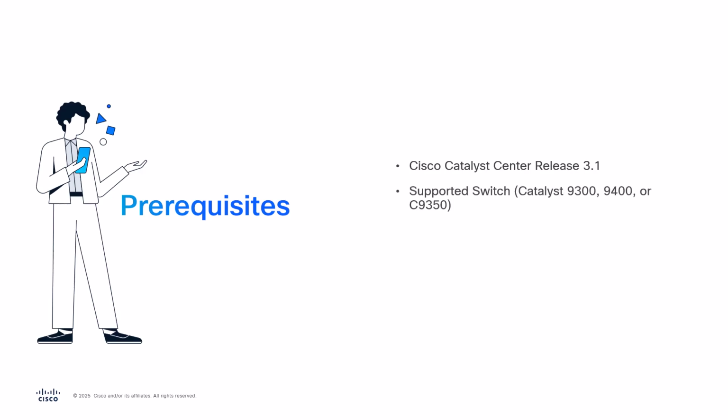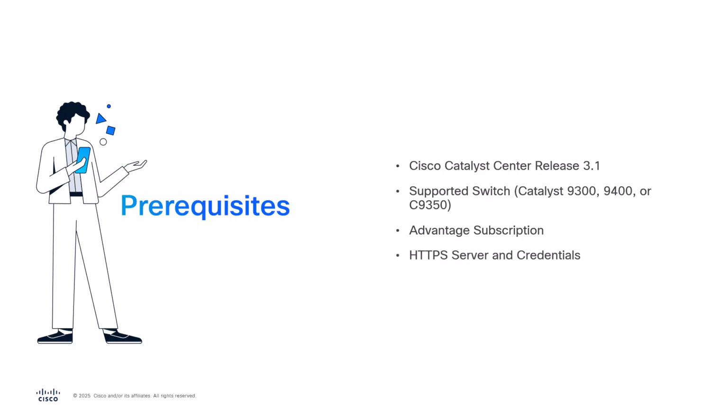Agent deployment is supported on Catalyst 9300, Catalyst 9400 series, and Cisco 9350 smart switches. For exact models and required software versions, always refer to the ThousandEyes documentation. From a licensing perspective, the switch must have an Advantage subscription to host applications such as the ThousandEyes agent.